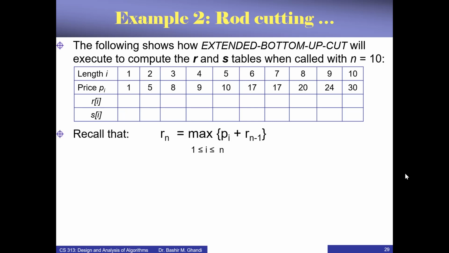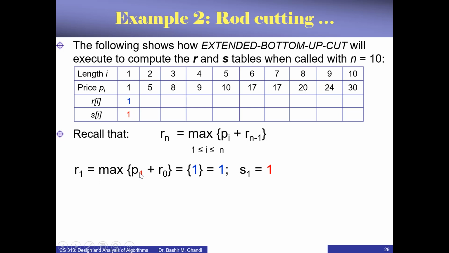Okay, so let's start, remembering that this is our general formula. Rn is the maximum of Pi plus Rn minus i for i from 1 to n. So if you take R1, your n is 1, meaning this will go from 1 to 1. i will vary from 1, so basically there is just one value, which is P of 1 and R of 1 minus 1, which is R0.